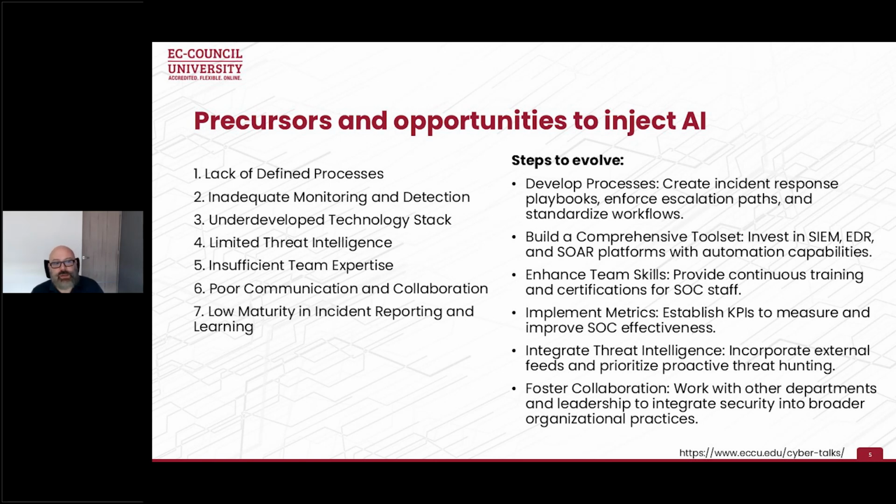Threat intelligence tends to be a very common lack in most organizations. You may have a TIP, threat intel platform, basically a SIM for threat intel data. Data is the key. You have to turn it into information. So that's a huge.